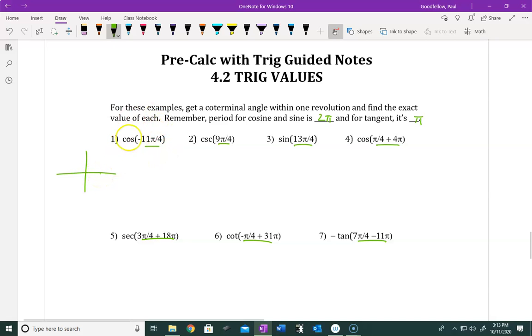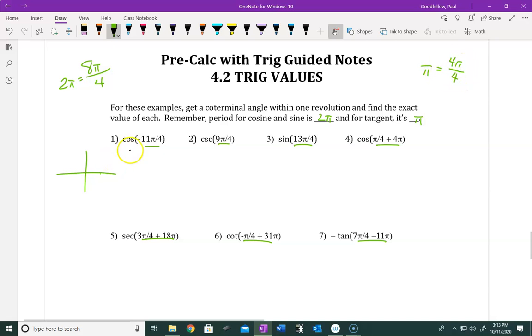What you're going to want to start to remember is that 2 pi in fourths is 8 pi over 4. You're going to want to start thinking about 2 pi in all kinds of different fractional ways, and you might want to think about pi as being 4 pi over 4.